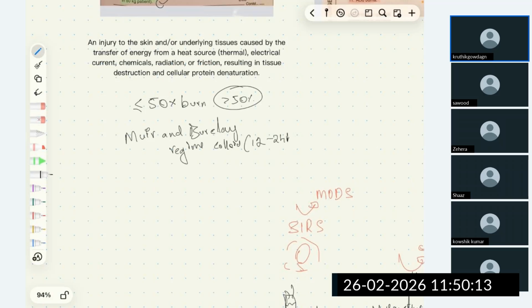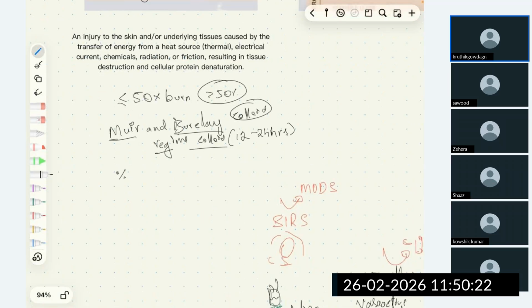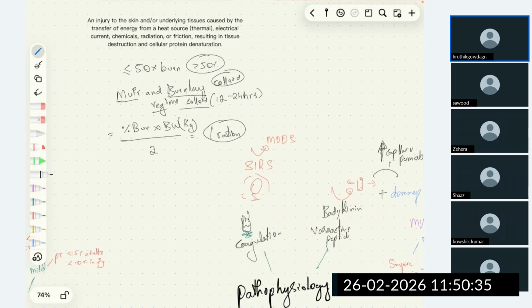Muir and Barclay regimen is used only in case of colloid. Amount of colloid required is percentage of burn into body weight in kg divided by 2. It's equal to 1 ration. So we should give 3 rations in the first 12 hours, 2 rations in the next 12 hours, and 1 ration in another 12 hours.